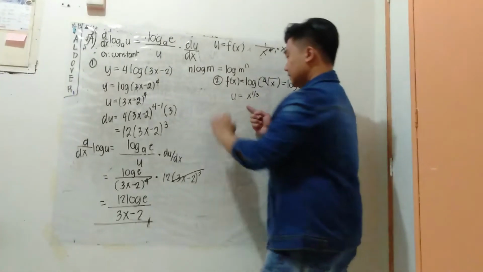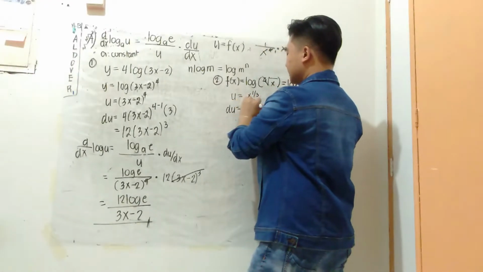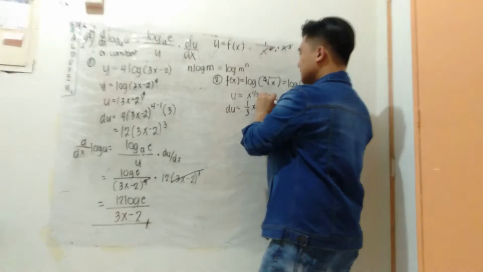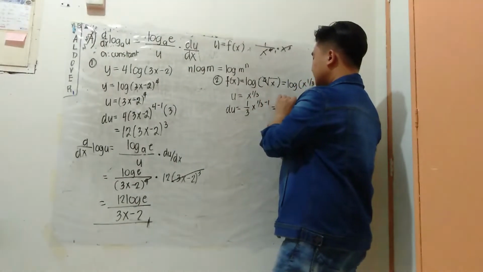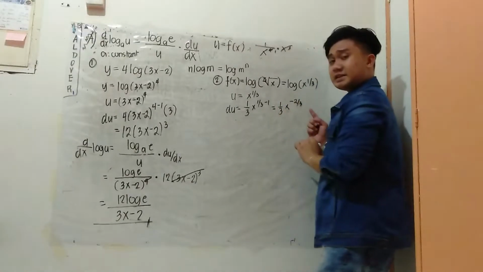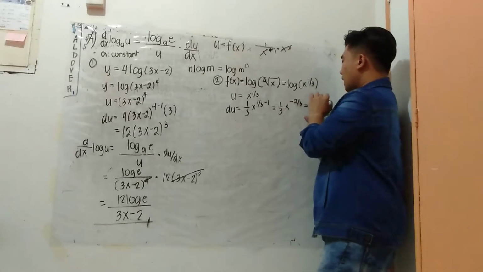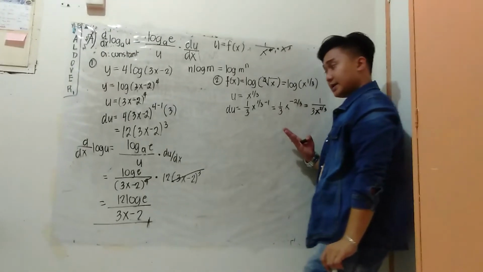Tama? For du, bababa si 1/3. Dahil bumaba, bawasan ko ng isa. So, this is equal to 1/3 x raised to negative 2/3. Or simply, this is equal to 1 over 3 x raised to 2/3. Okay?